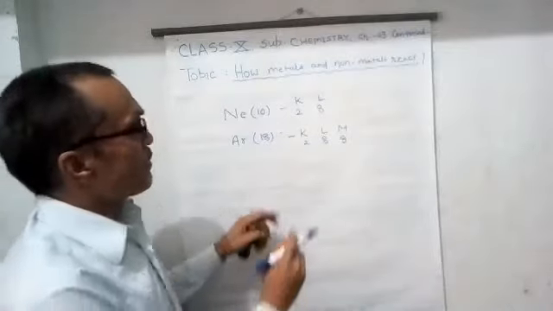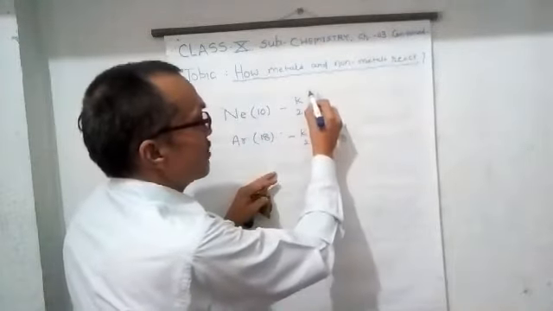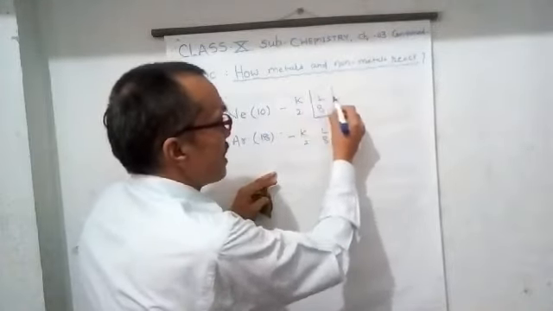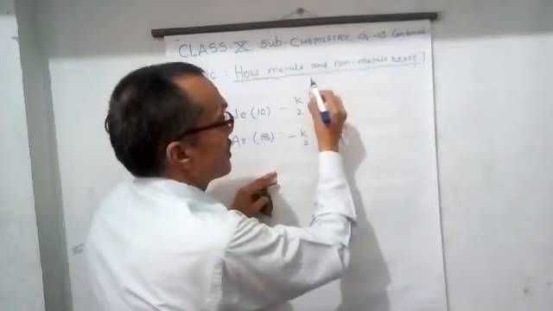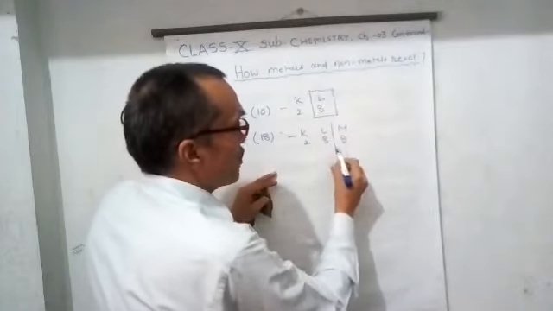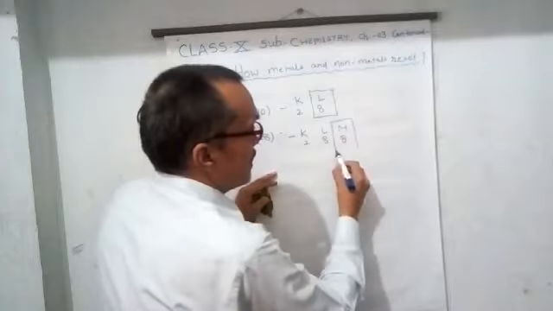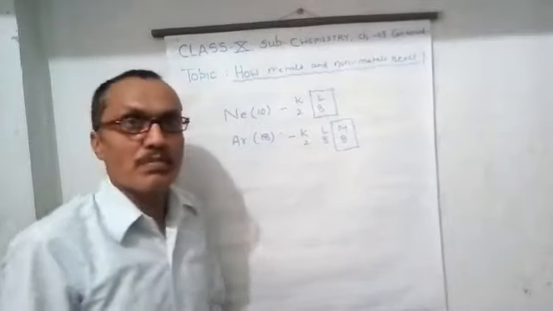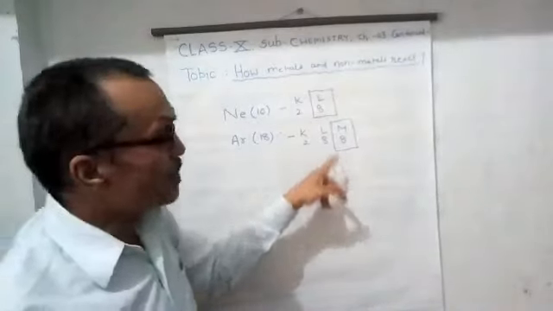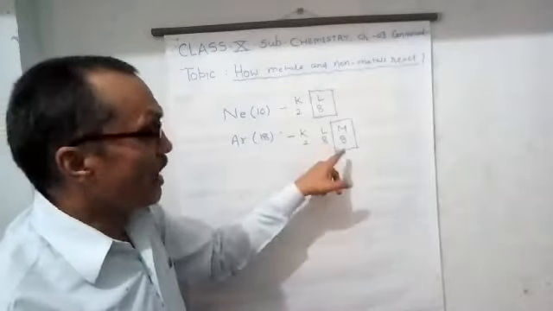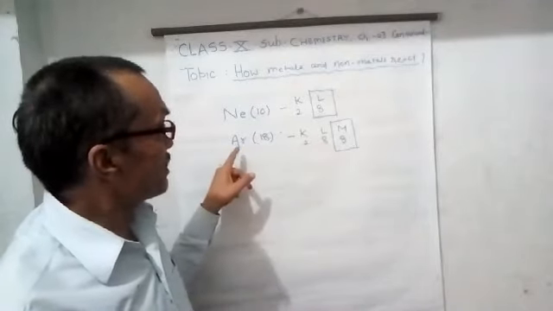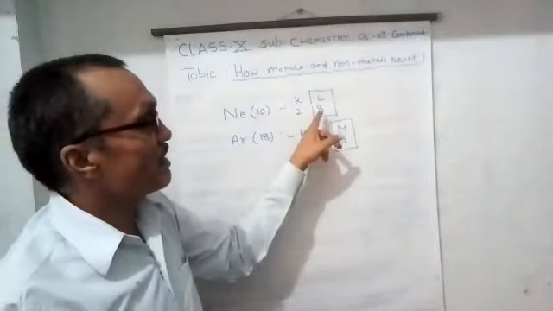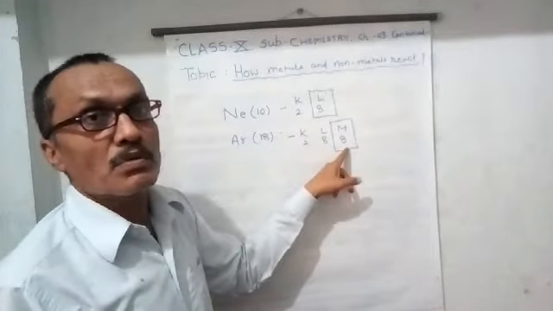So students, in case of neon, L is its outermost orbit, and in case of argon, M is its outermost orbit. And you are looking here, in the outermost orbit of these two elements there are 8 electrons.